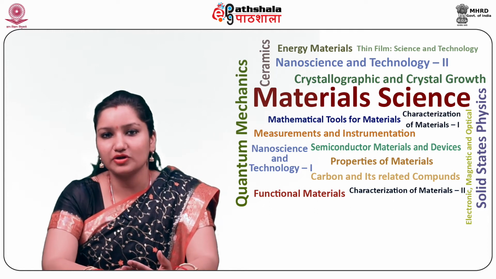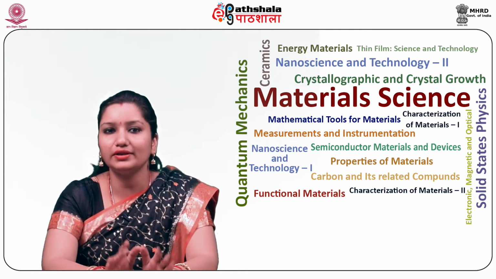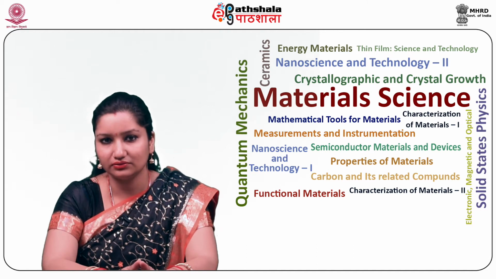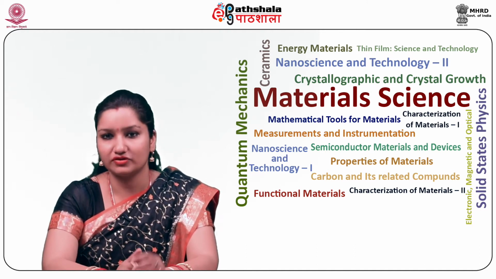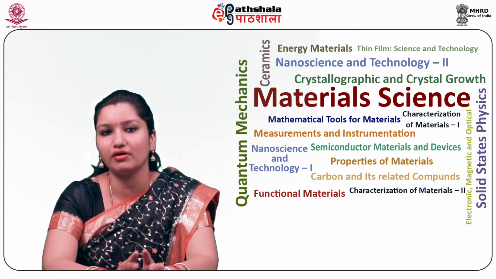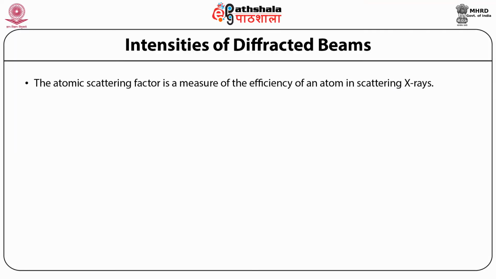Secondly, the summation of the scattering from all the atoms in the unit cell is called the geometrical structure factor, represented by capital F or S. The atomic scattering factor is a measure of the efficiency of an atom in scattering X-rays.